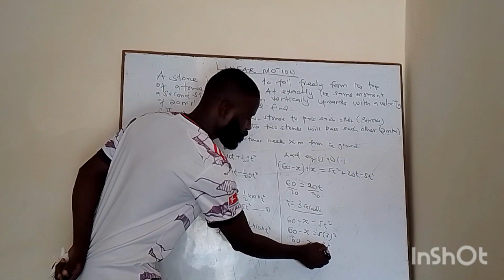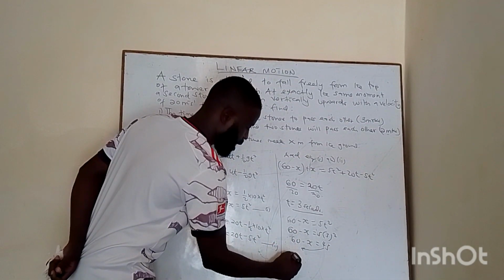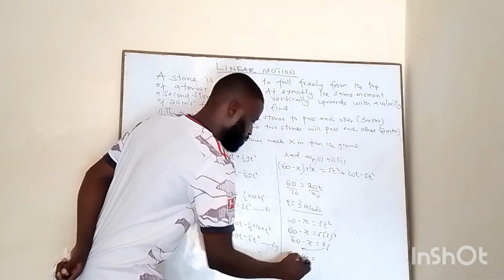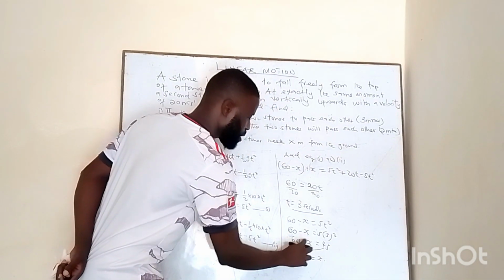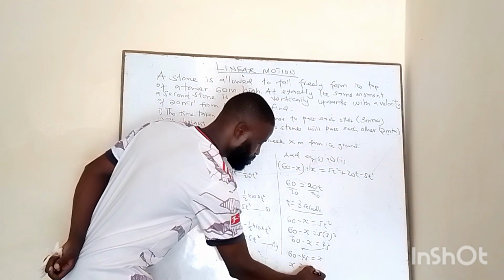Then I can move this 45 to the other side and I take x to the other side, so that I'll have 60 minus 45 is equal to x. Because when x crosses to the other side it becomes positive. And therefore x is equals to 15 meters.